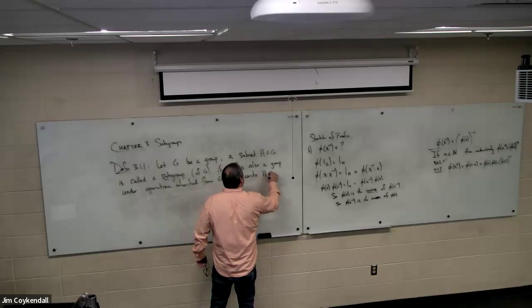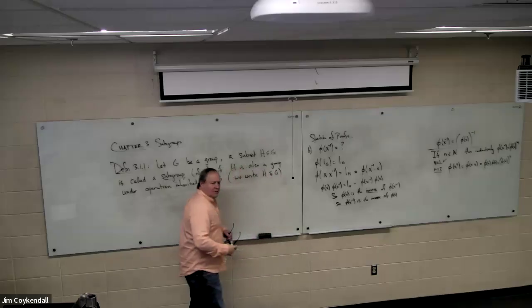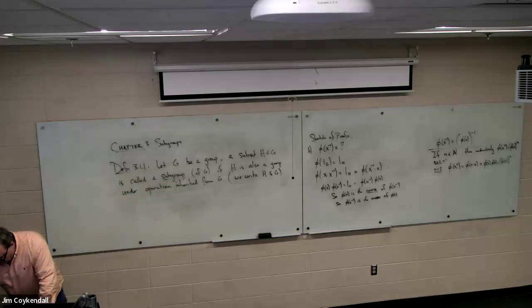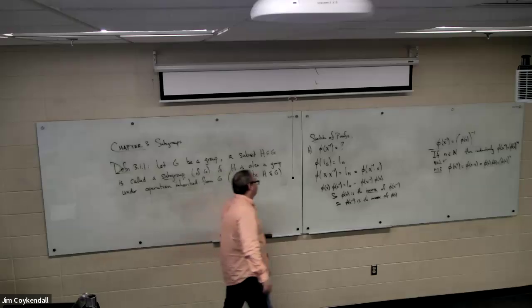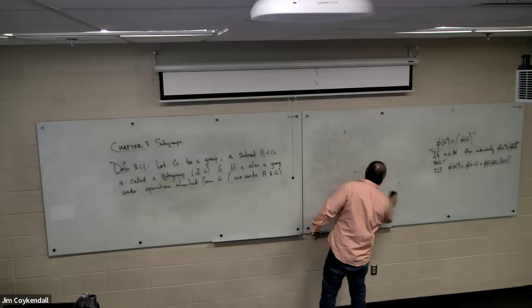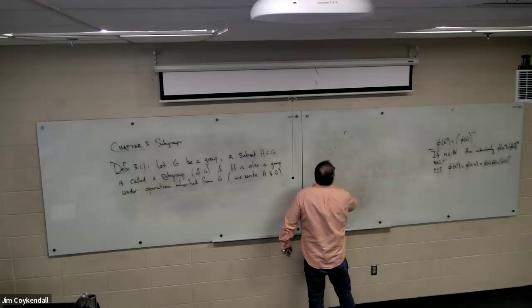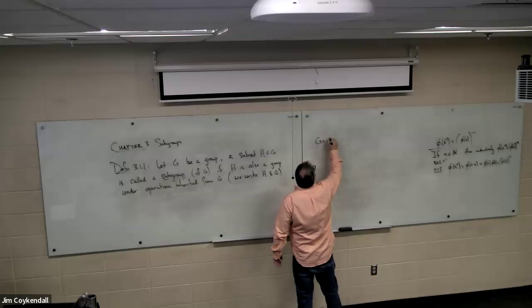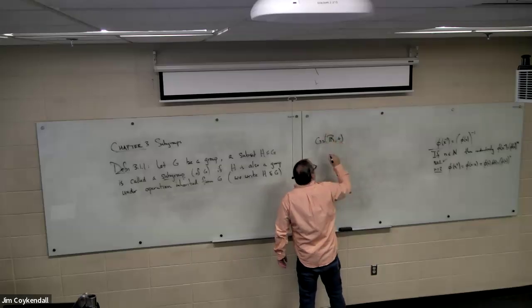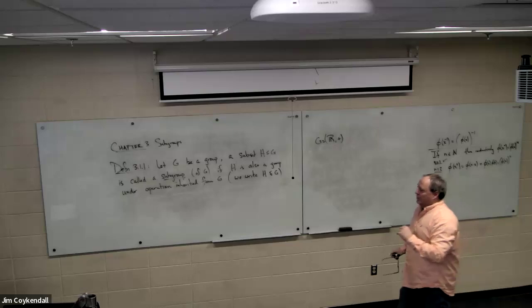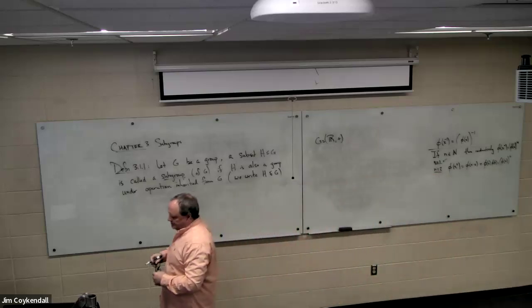And sometimes when I say subgroup, group theorists like to use the less-than-or-equal-to notation to distinguish subset from subgroup. So let's look at a couple of examples before we stampede off. Let G be the real numbers under multiplication. Can anybody give me a subgroup? Zero.